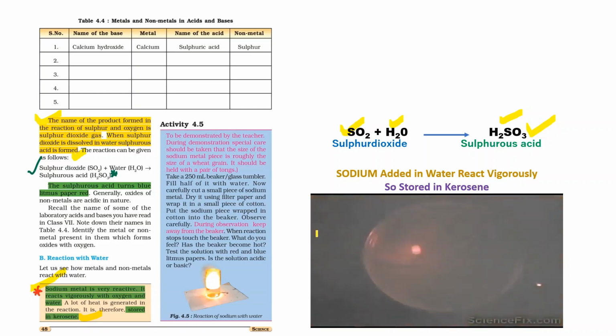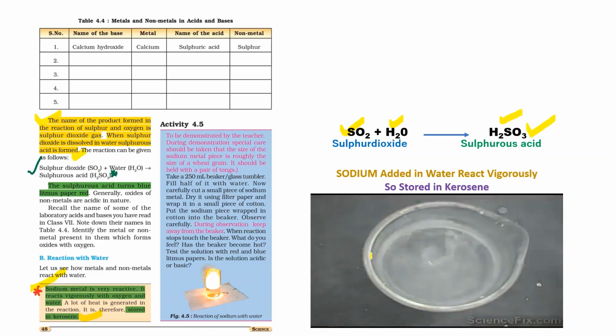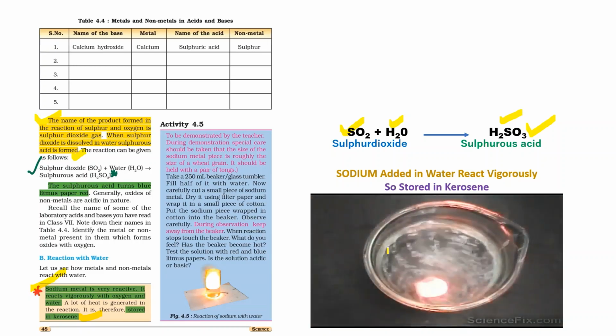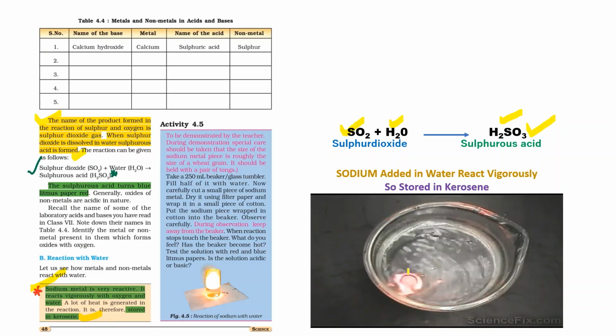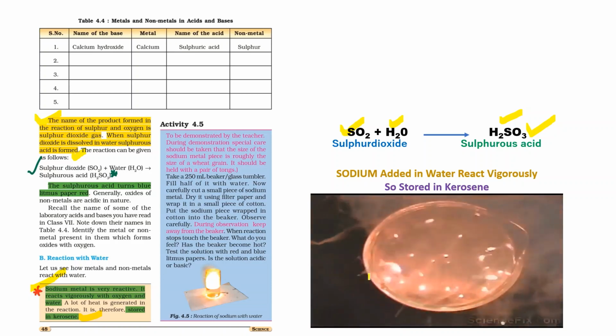Here we can see that when sodium is put into water, it burns and explodes at the end. So this is a very crucial thing, that we have to store sodium away from water, in kerosene.